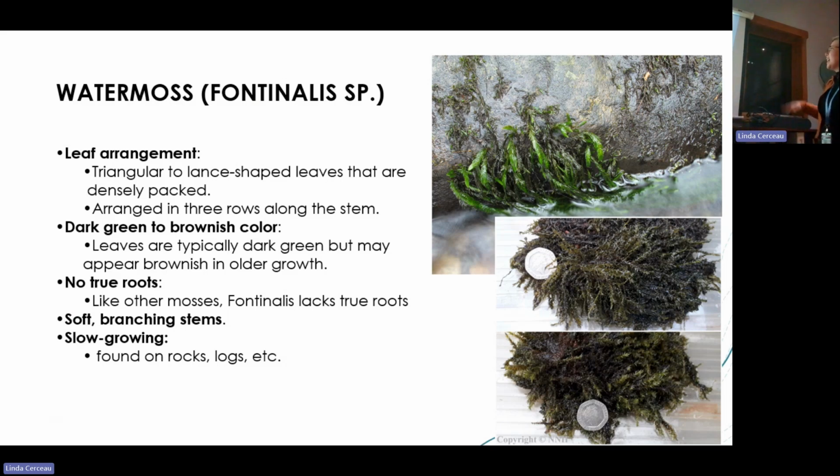And again, they can appear with colors, brownish to greenish. A lot of times you're going to see this stuck on rocks, logs, and so forth. Again, like other mosses, it doesn't really have a true root system. But a lot of times you'll find this in the slow flowing systems as well.